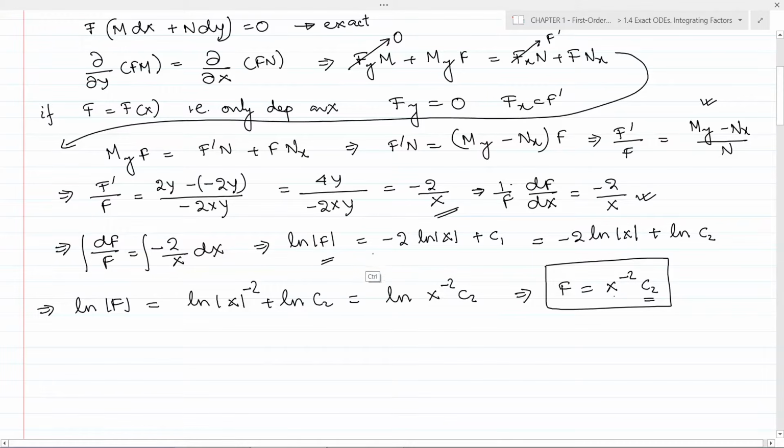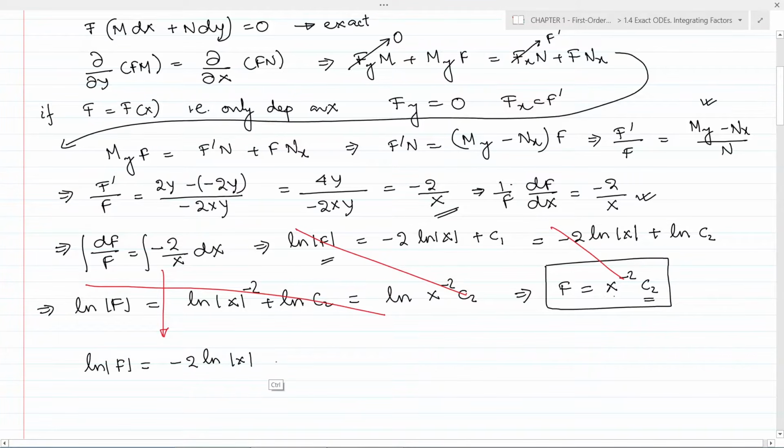That is why we strike off these steps and from here we write natural log of f equal to minus 2 natural log of x, and we ignore the constant of integration, and from here we can write natural log of f equal to natural log of x to the power minus 2, which implies integrating factor f equal to x to the power minus 2.